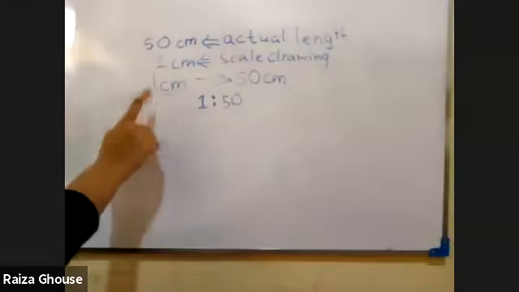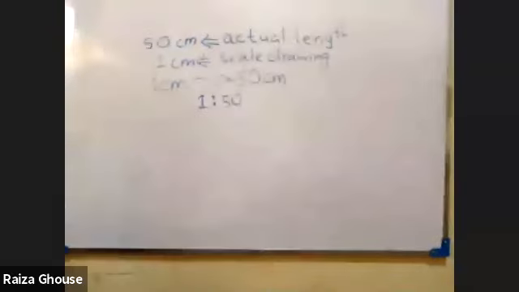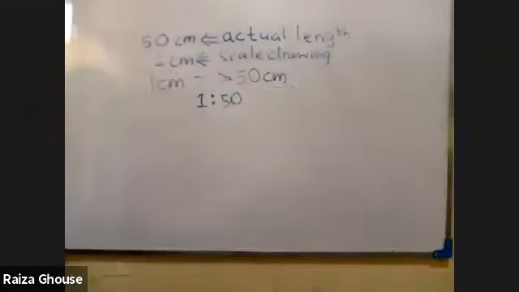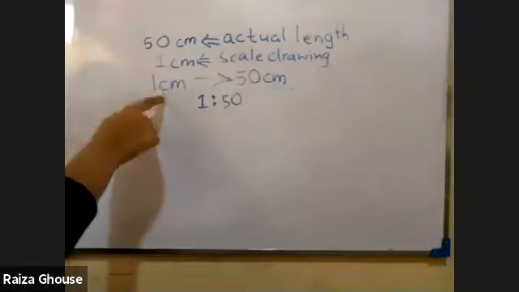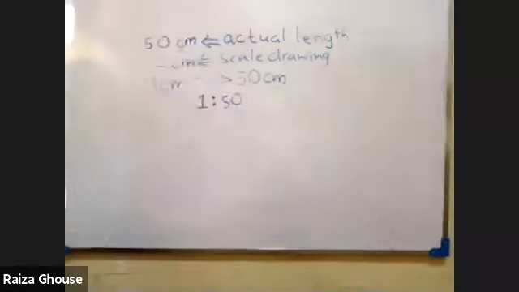So write down as 1 centimeter represents 50 centimeter. That means centimeter and centimeter are same units. So as a ratio, 1:50. Shaima, listen. From 1 centimeter we are going to represent 50 centimeter. So 50 centimeter is the real length.